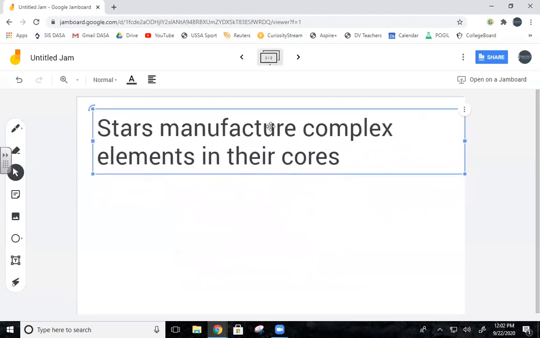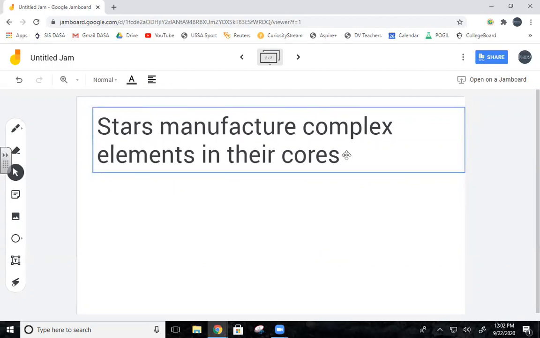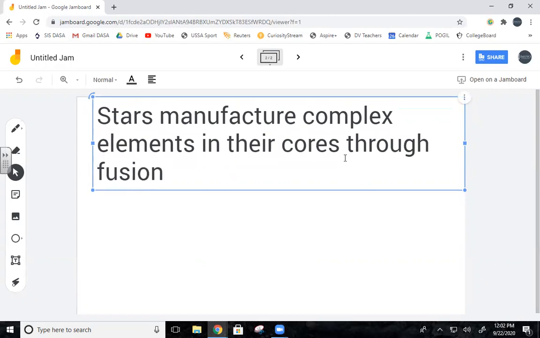They manufacture through fusion, all right? Fusion. So we end up with carbon, and we end up with silicon, and we end up with palladium, and gold, and silver, and lead, and all these different things, because the stars are able to fuse atoms together.